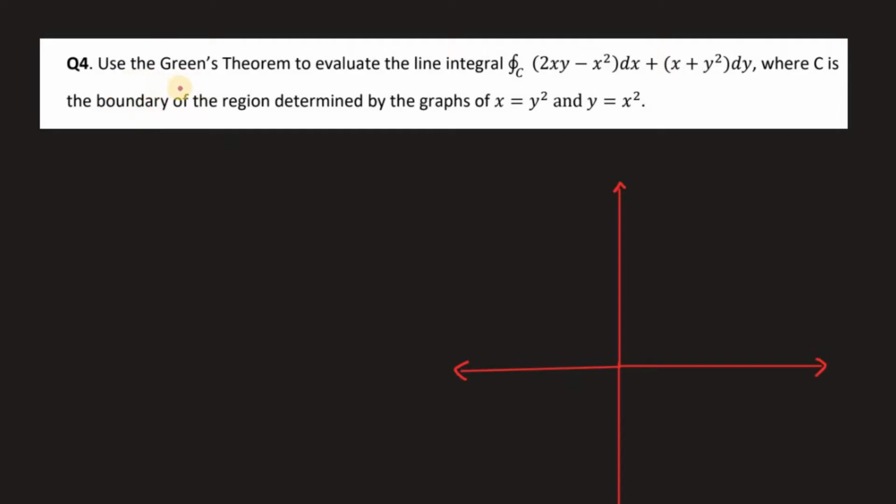In this problem, we need to use Green's theorem to evaluate the line integral given by this equation, where C is the boundary of the region given by these graphs.